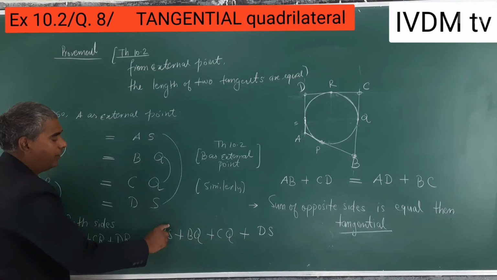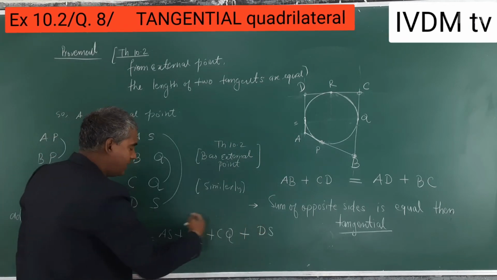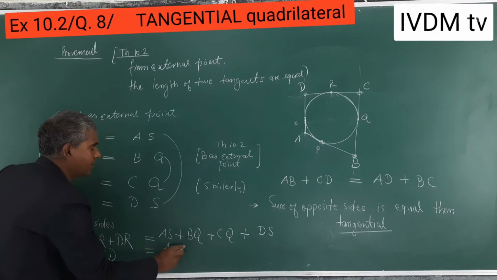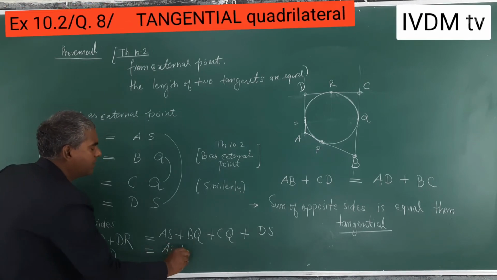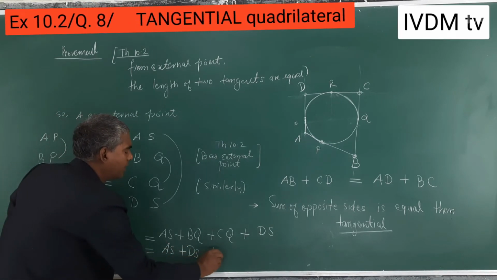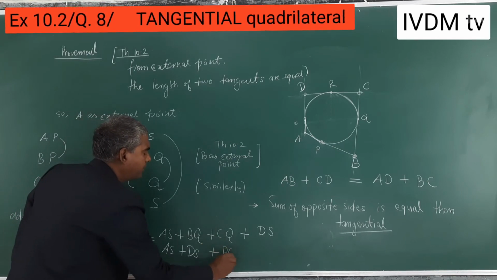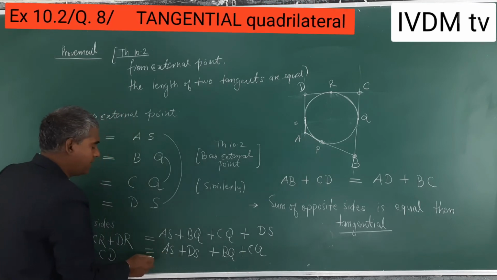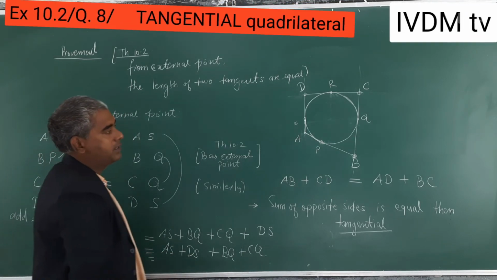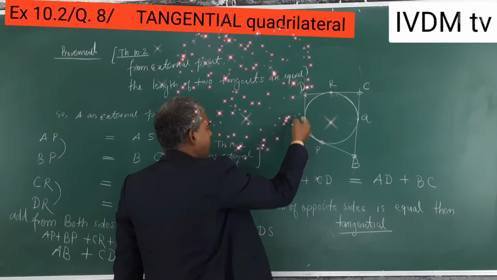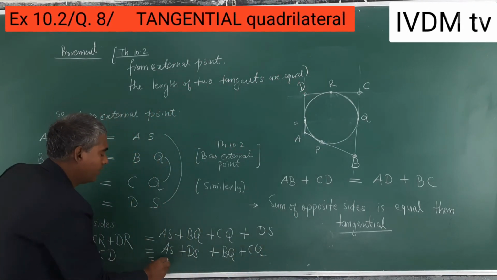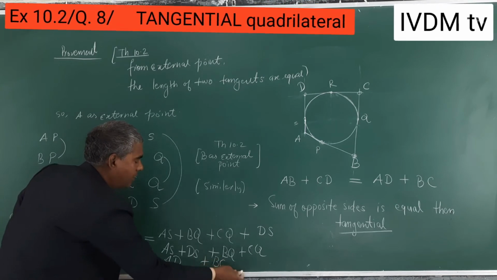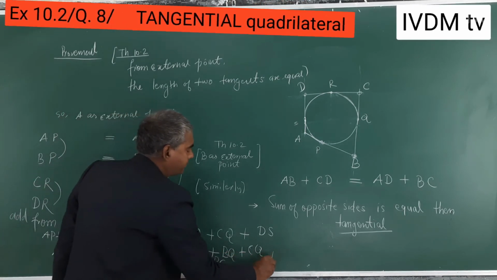But here you have to rearrange: AS plus DS plus BQ plus CQ. AS plus DS is AD, BQ plus CQ is BC. AD plus BC. This was the proof made.